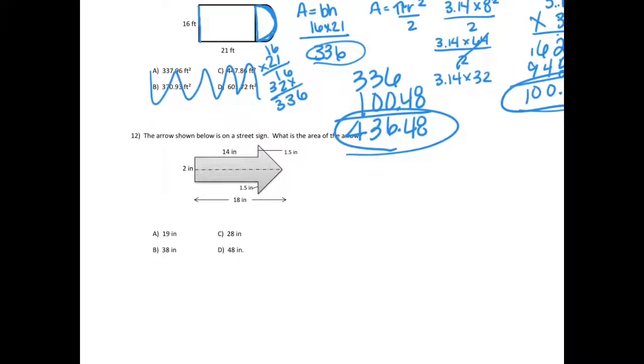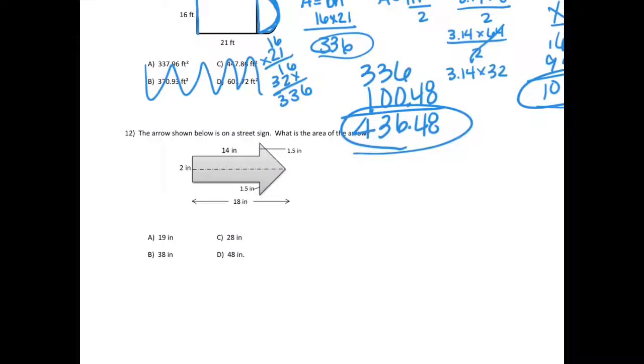Okay, number 12. It's finding the area of the street sign. There's two shapes. There's a triangle and a rectangle. The rectangle is going to be base times height, which is 14 times 2, which gives you 28. So this piece is 28. This is a triangle. Right here it says this is 1.5, so we know this is 1.5. So together that makes 3.